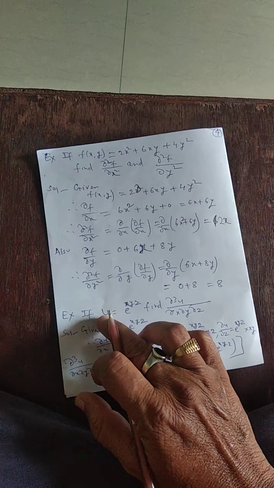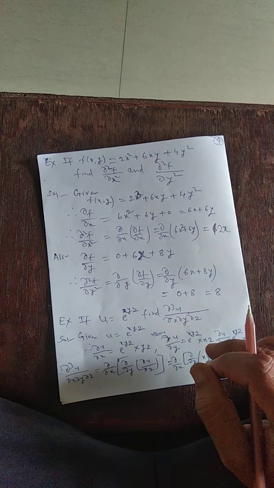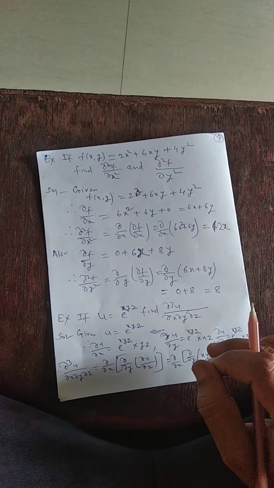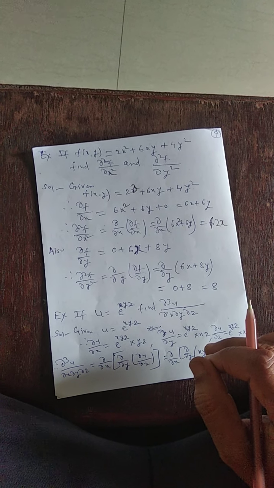So this example we will see in our next lecture. So for today it is sufficient. Try to solve more and more examples on partial derivative. It is not a new concept.